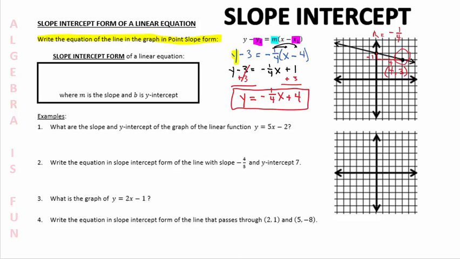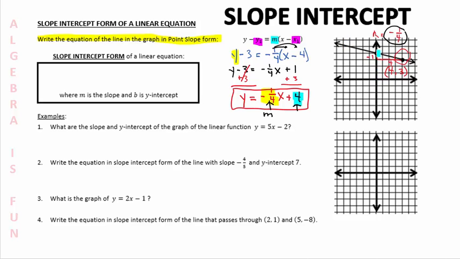Now let's talk about what each of those things mean, okay? Where did this negative 1/4 come from? Well, that negative 1/4, that's just our slope. If you remember, that was our slope in the problem. The 4, let's look at the 4. If you look over here at the graph, the 4 is actually where my line crossed the y-axis.